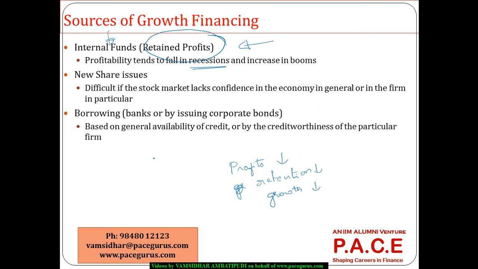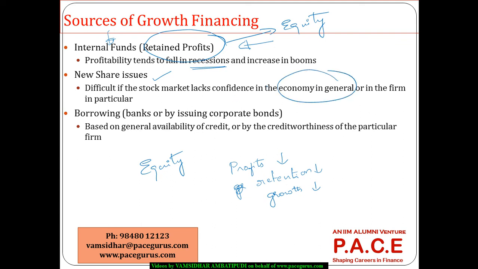So that is one scenario, and especially when the markets are up, I see the opposite situation coming up. So one is the internal source, the other is an external source of funding through equity itself. Even the internal funds, the retained profits, are an equity mode of funding. So even new share issues are an equity mode of funding. When the market is doing good, when there is a boom in the market, lots and lots of new capital will come up.